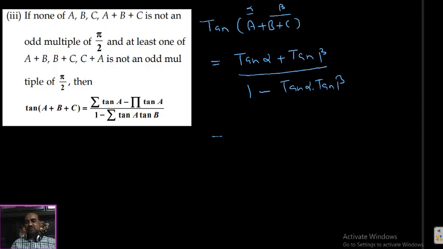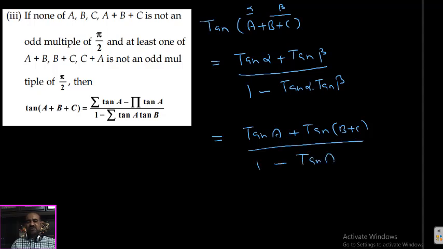Okay students, which is the same as, tan alpha means tan A only, tan beta means tan of B plus C, by 1 minus tan A only into tan of B plus C.